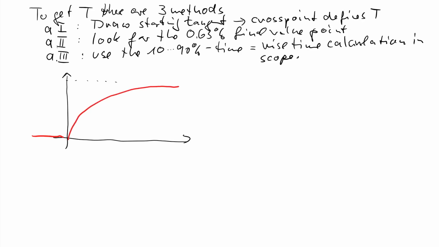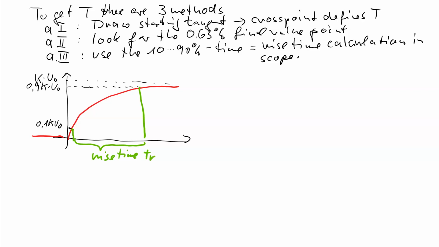You need to find a value again, K times U sub O, and what some scopes offer is, here you have 0.1 K U sub O, and here you have 0.9 K times U sub O. So the 90% value, here the 10% value, and say in green, this time and this time, the difference of both times is the rise time, say tr, rise time tr.